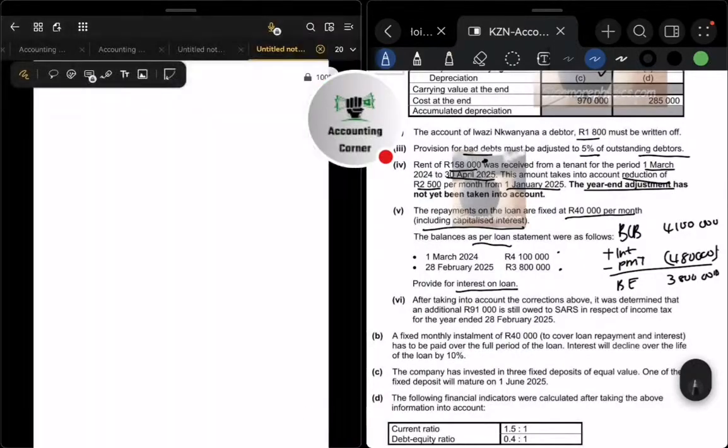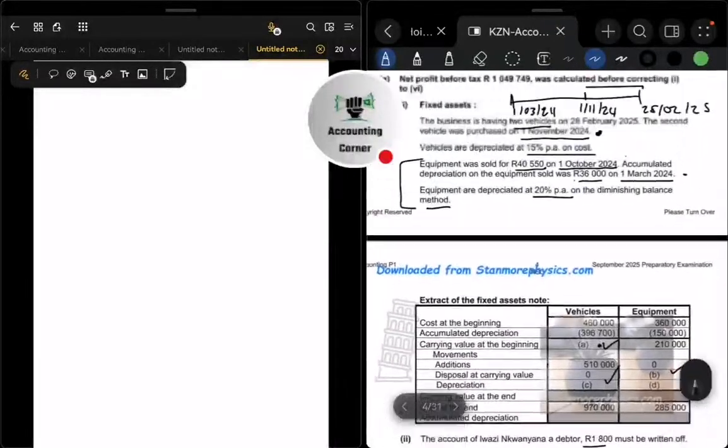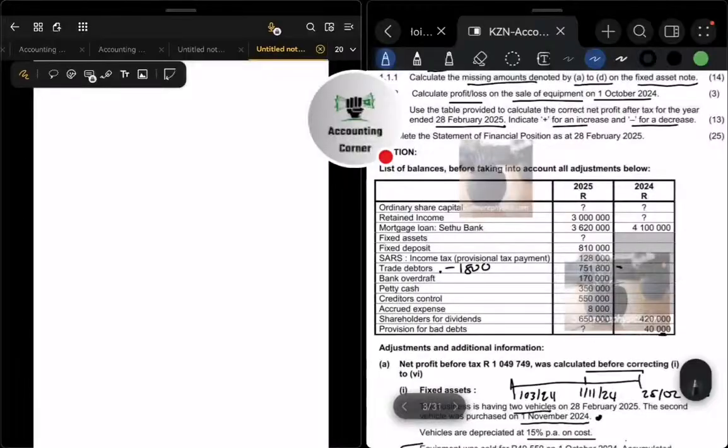Okay. So now it says, after taking into account the corrections above, it was determined that an additional 91,000 is still owed to SARS in respect of income tax for the year ended 28 February 2025. So what have they told us on SARS? The provisional tax payment was 128,000. This is what we've already paid for the current year.